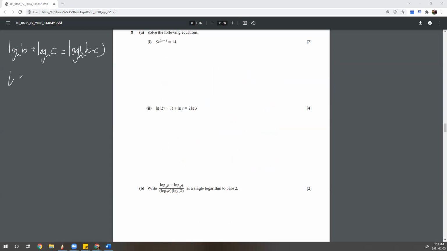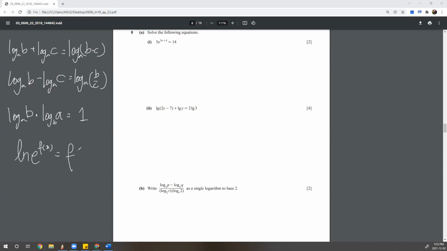If I have log a b minus log a c, it's supposed to be log a (b over c). And then if I have log a b times log b a, it has to be 1. If I have ln natural log of e power a function of x, or e power anything, the result is the function of x itself.